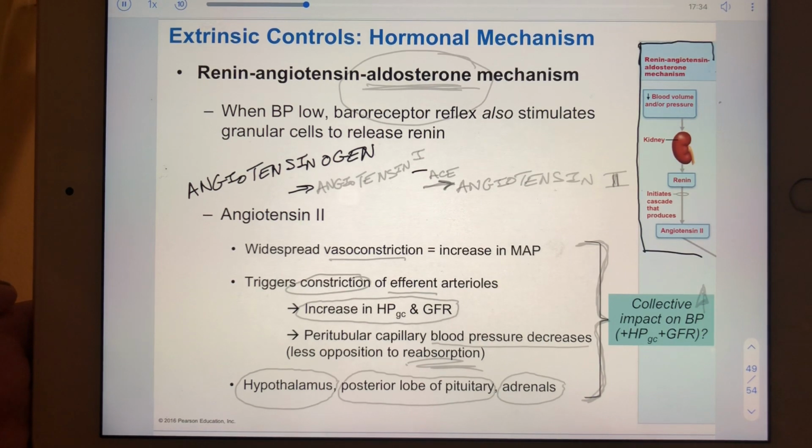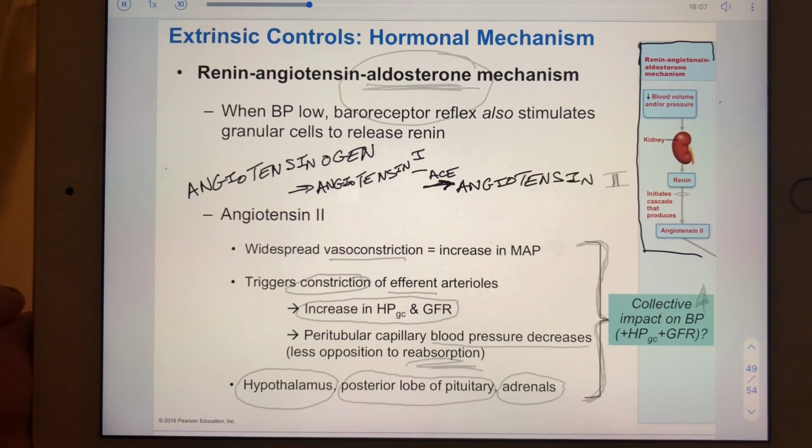Angiotensin 1 is then acted upon by ACE molecules that are made in the kidneys and lungs, and converted to angiotensin 2.